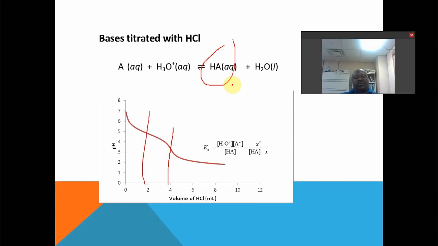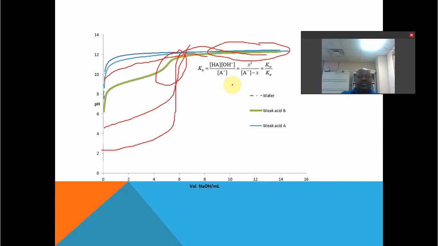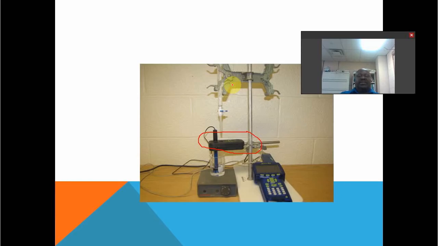All right, so that's what you're gonna do in lab in terms of some experimental things. Let me go back to the first figure, in fact, the only figure in this case. What are we gonna do? Well, we are going to put down here 5.00 milliliters of whatever it is, the acid or the base.